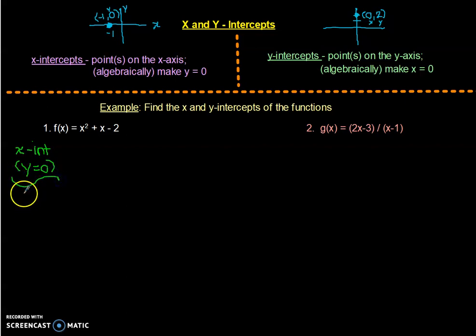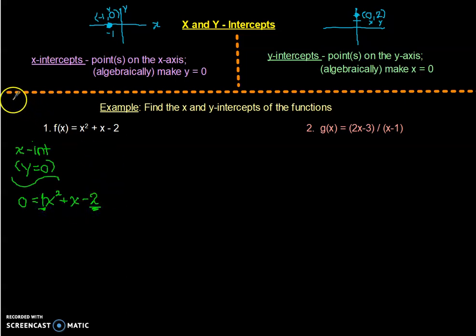So if I were to make f of x, which is just y, equal to 0, 0 equals x squared plus x minus 2. So you're solving for x, meaning this is a quadratic equation. You're going to be factoring, so multiply first times last.